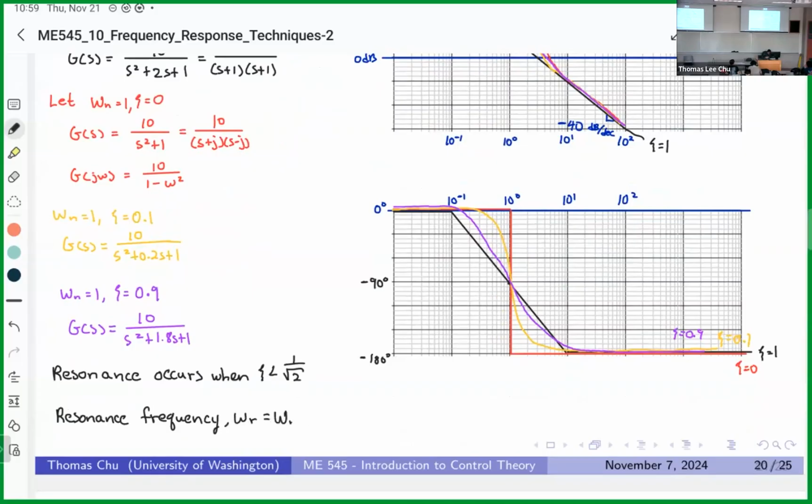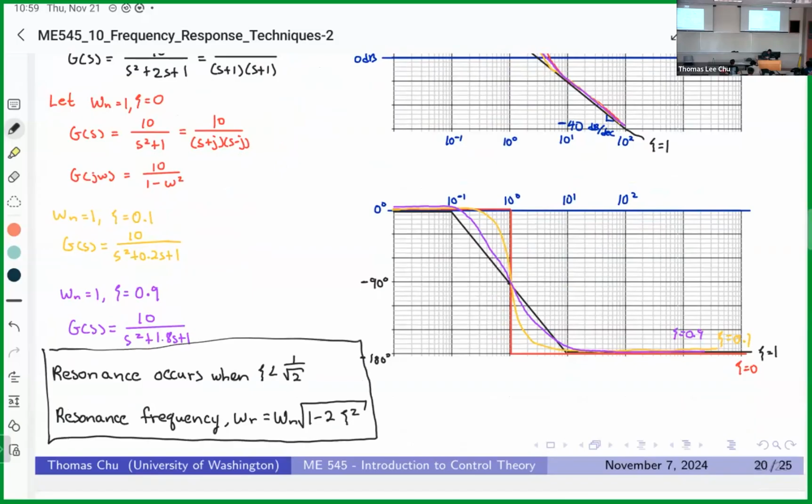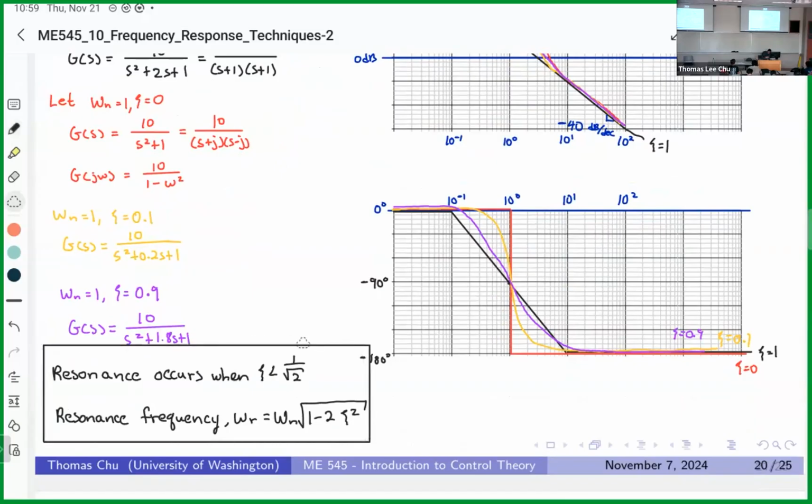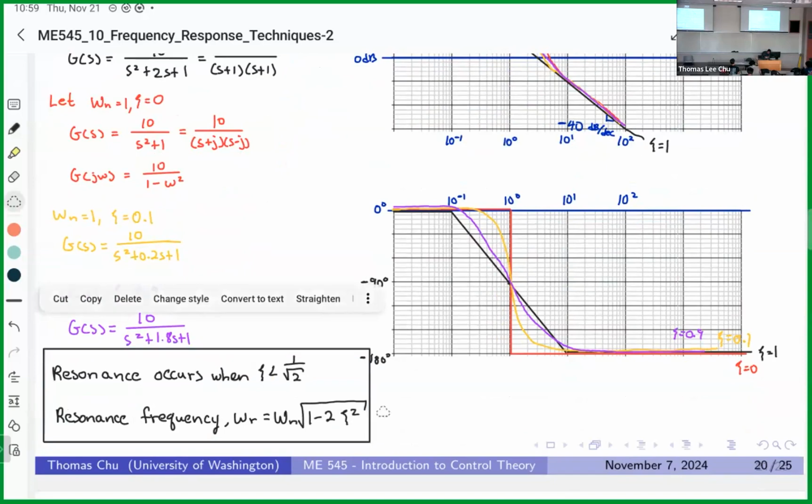It's equal to omega n times the square root of 1 minus 2 zeta squared. So it's kind of similar to the damped frequency, but it's a 2 instead of just zeta squared.